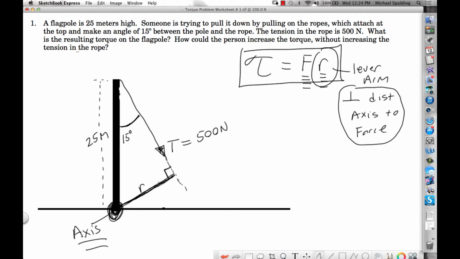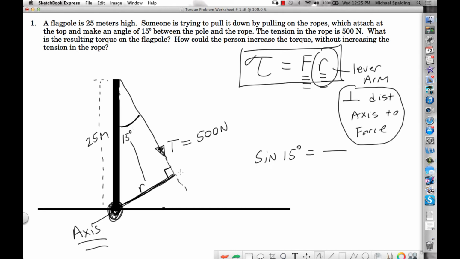It's perpendicular. Now, can we solve for this R? Yeah, because look, we got a triangle here. See this triangle? So how do you solve for a missing side with a right triangle if you have the angle? Using sine, cosine, and tangent. So let's look at sine. Sine of 15 degrees. So what's the definition of sine? Opposite over hypotenuse. So what's opposite the 15?